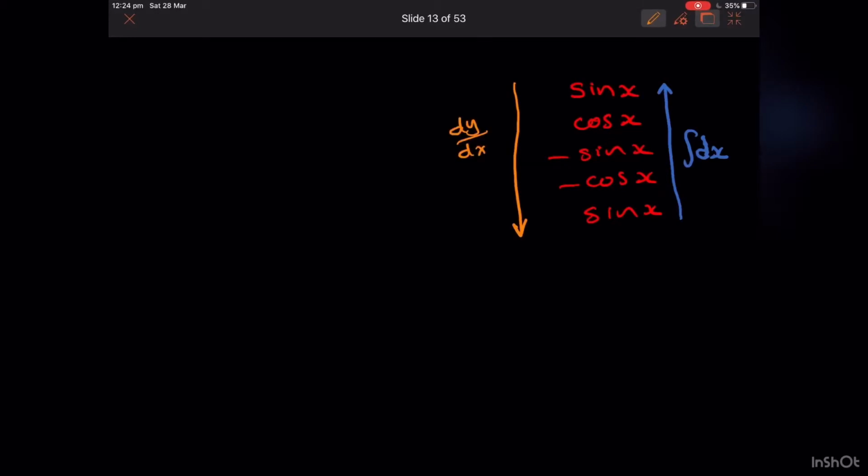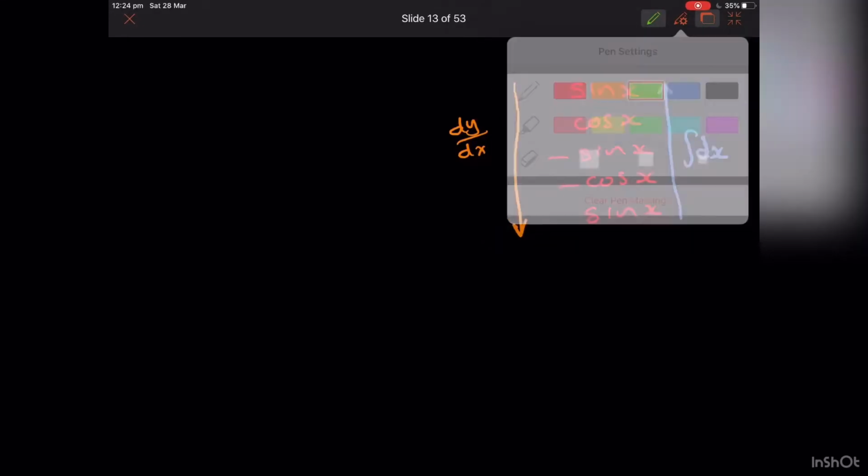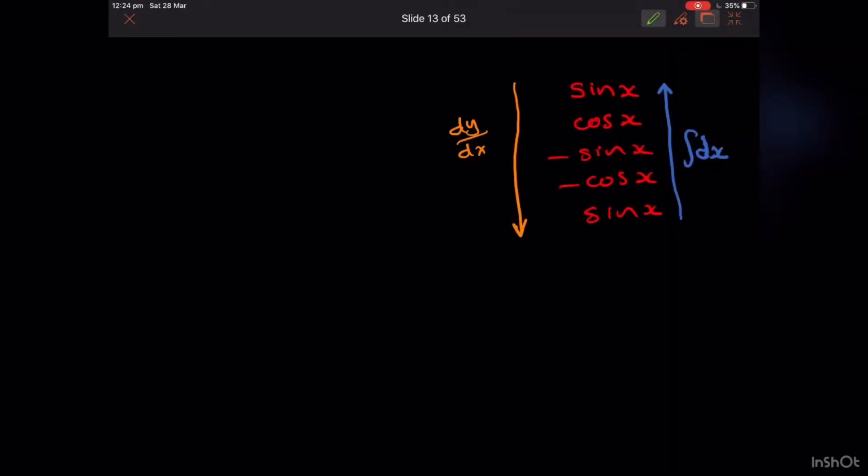For now we are working on the integration, the blue part here. How do we work this out? It basically means you move from down below to up there. So the integration of sine x is minus cosine x. The integration of minus cosine x is minus sine x.